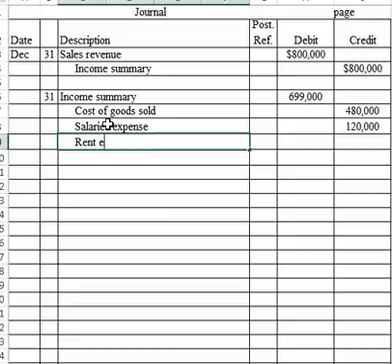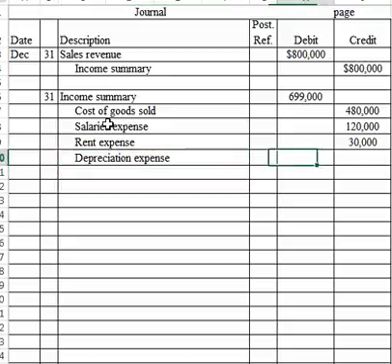Rent expense, which is $30,000. We always indent, of course, for the credits. Depreciation expense. Wow, look at that! I typed and talked all at once and didn't screw up.